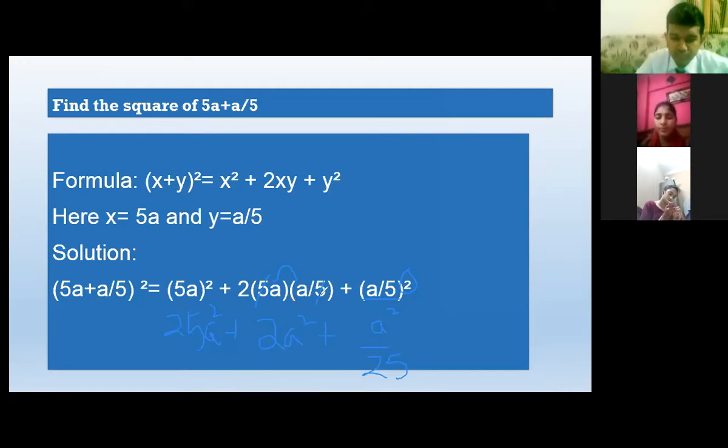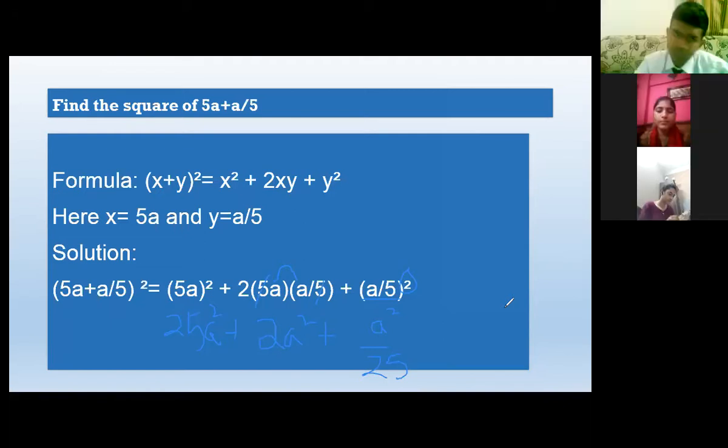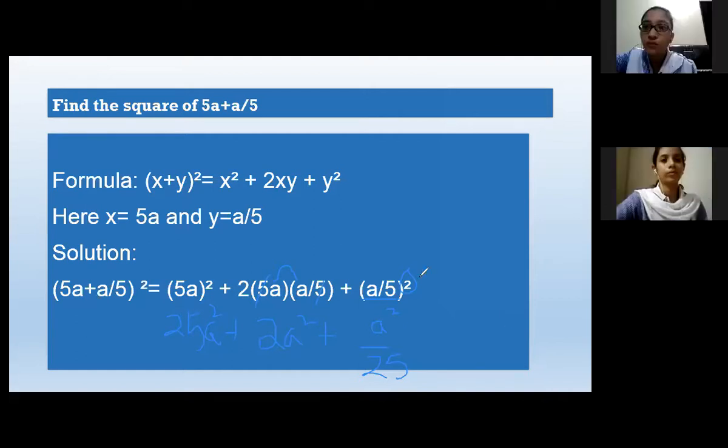If this a was being divided by 5 here, then it would be cancelled. But this a is in multiplication, so we will get 2a square. Clear? Vania, Sheroz, Ramla, this is clear? Ula, this is clear beta? This is clear or not? Okay, that's great. Excellent, Iman.